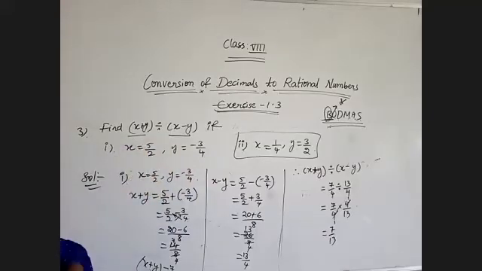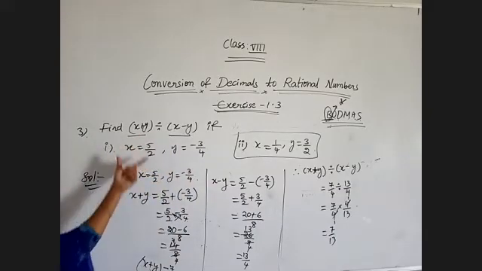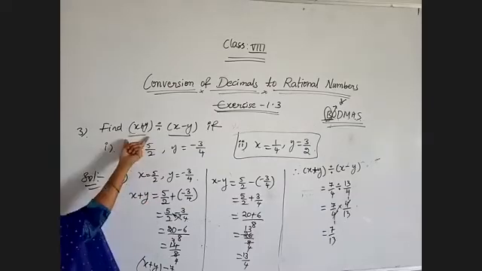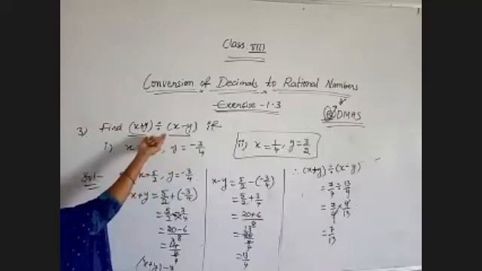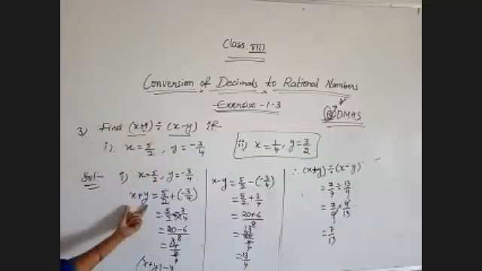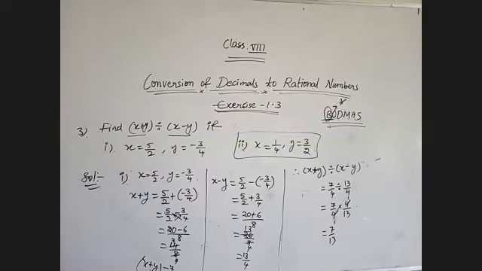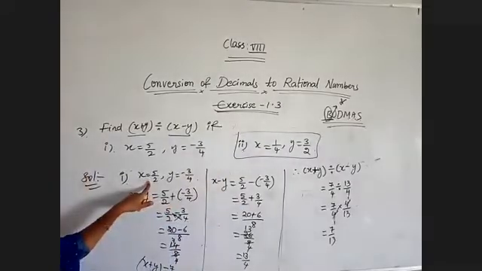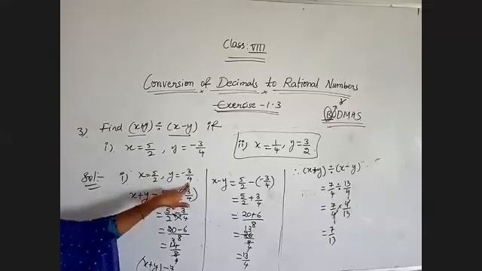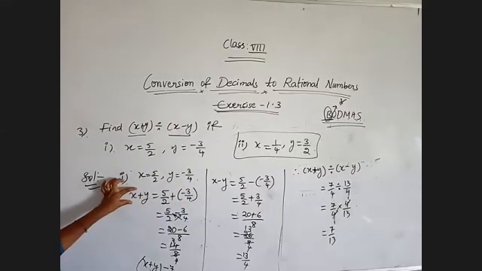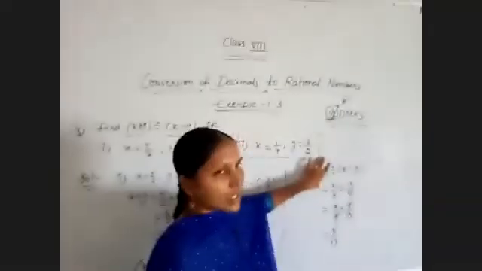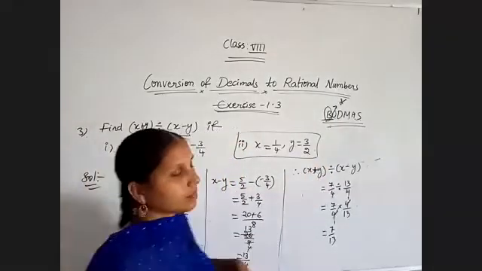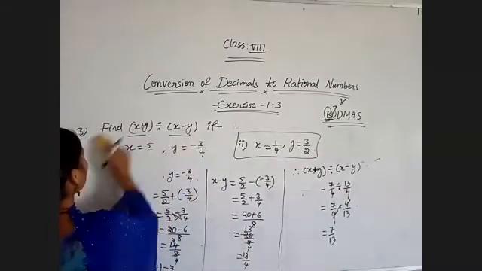So instead of directly substituting separately, I am first finding the sum of those two rational numbers and the difference of those two rational numbers, and between them I am applying division. So the sum of the two rational numbers given, 7 by 4 I got. Now for this question, x value you need to take 1 by 4, y value you need to take 3 by 2. So first of all find out x plus y, after that x minus y, then their division, their quotient. Okay. Now coming to the next problem.